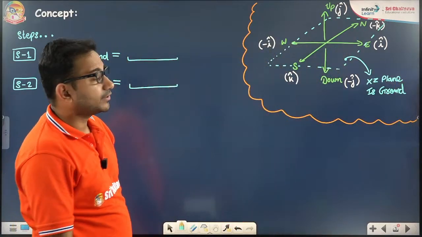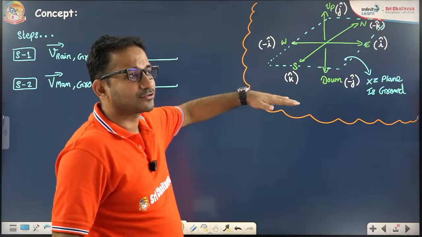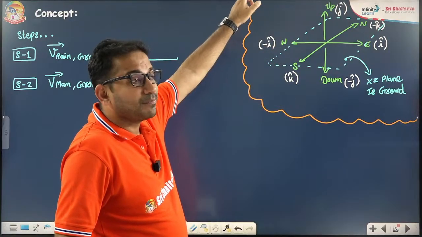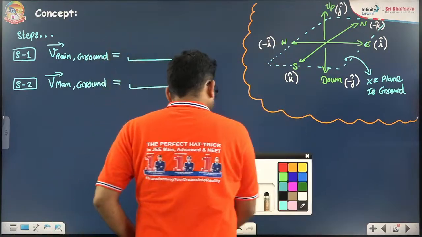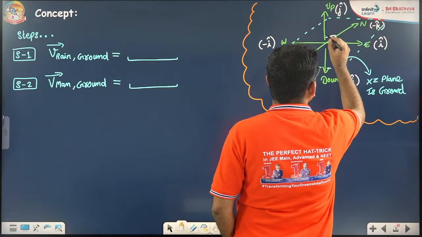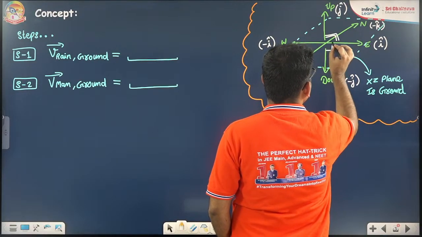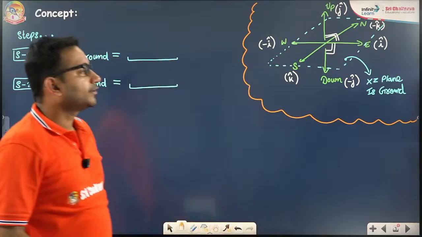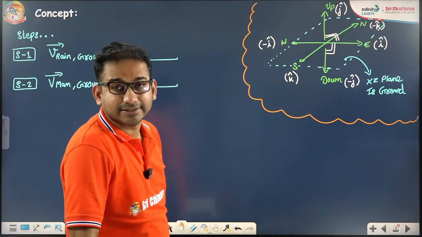East, west, north, south are directions on the ground. Perpendicular will be up and perpendicular will be down, with the x-axis, with the y-axis, like that.